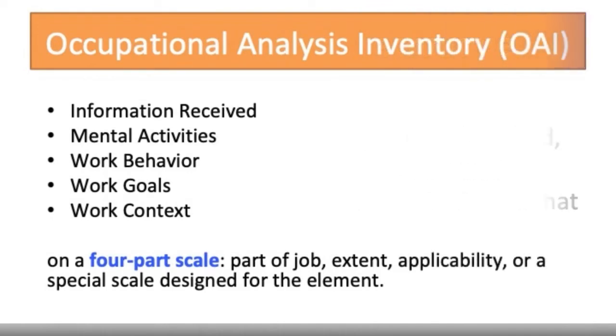And finally, Occupational Analysis Inventory, OAI. This system rates 5 job elements: information received, mental activities, work behavior, work goals, and work context. On a 4-part scale, part of job, extent, applicability, or a special scale designed for the element.